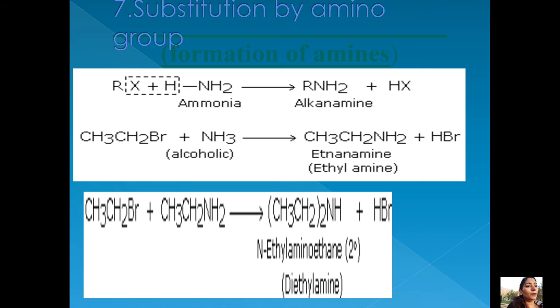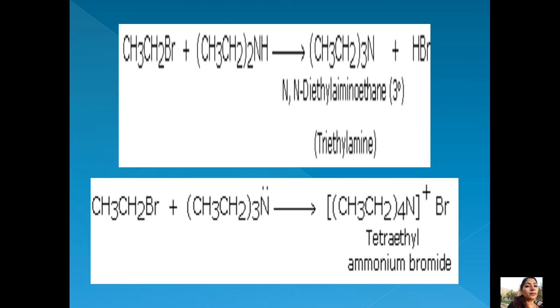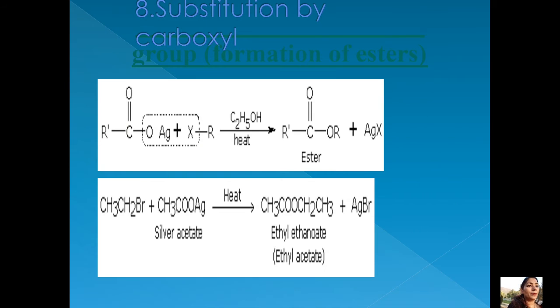This is a 2 degree compound. When ethyl bromide reacts with diethyl amine, it gives CH3CH2 whole thrice N, triethyl amine. This is 3 degree. When ethyl bromide reacts with CH3CH2 whole thrice N, it gives the tetraethyl ammonium bromide. By this method, we can make the different degrees of amino compounds.